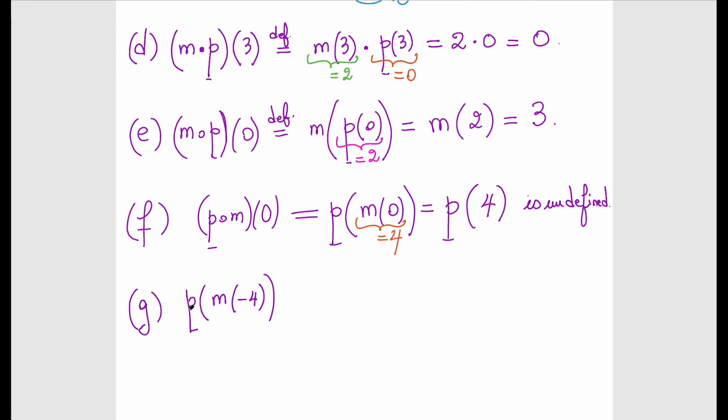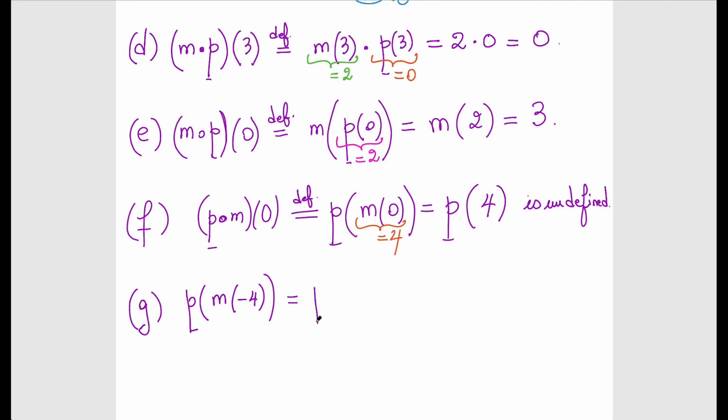This is the same thing as saying p composed with m, the composite function p composed with m at -4, right? So technically they give us this writing, which is the same as this writing if 0 is replaced by -4, based just on the definition, right?